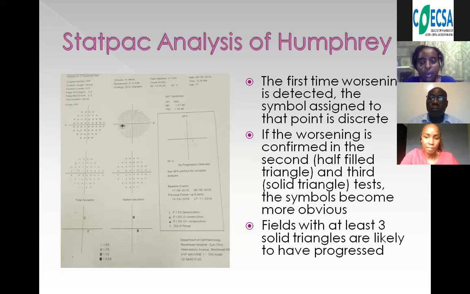So when you have these 3 solid triangles, the patient has most likely progressed. So that is an example of an event analysis, and it shows whether there is progression or not.